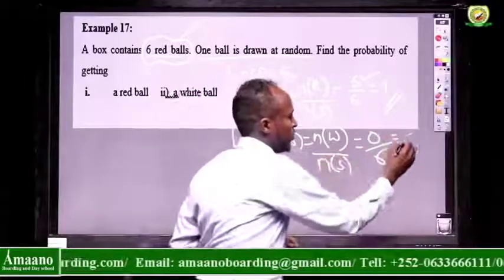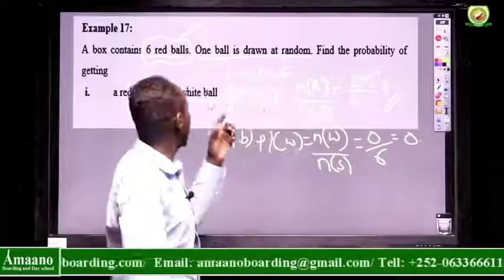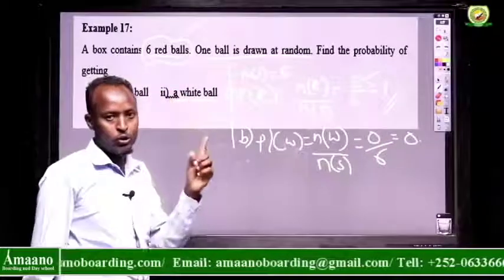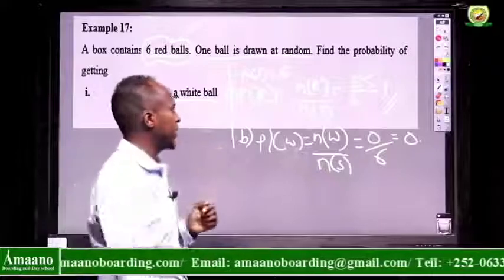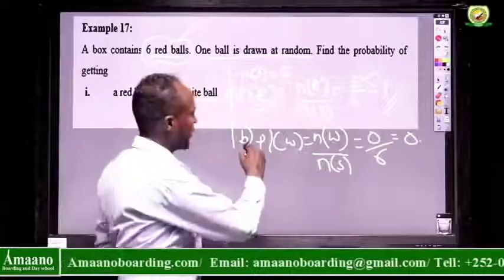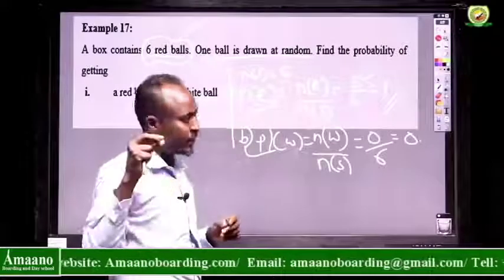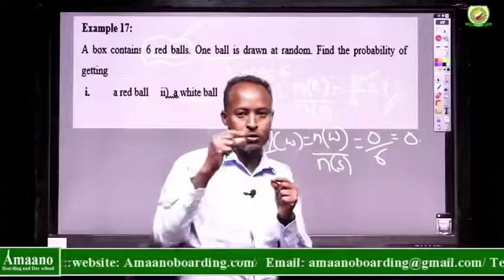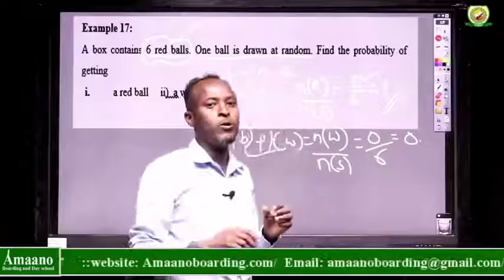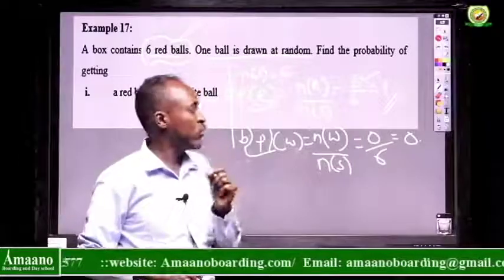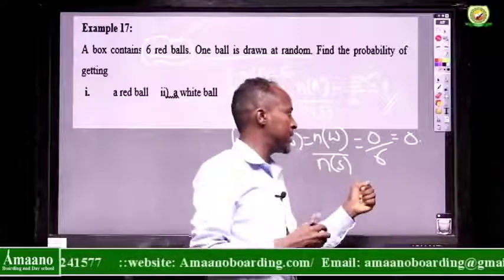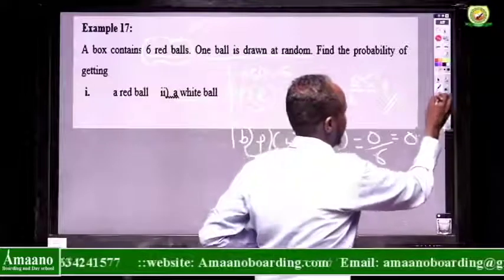It is impossible to get a white ball from a box which consists of only 6 red balls. That's the probability of getting a red ball, and this is for the white ball, because we don't have white balls in the box. We are told that the box contains only 6 red balls. Therefore, there is no white ball: 0 divided by 6. Okay.